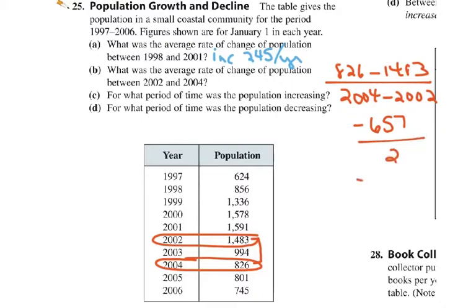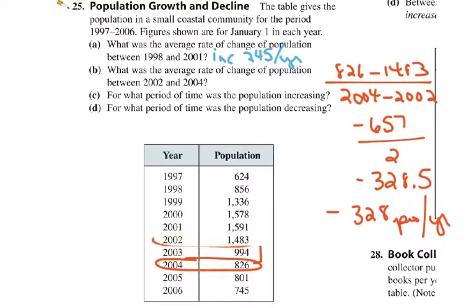And when you divide that, you're going to get negative 328.5. Now, here's where we have to be careful: you can't have 328.5 people. So you've got to round it. So maybe we'll say that the population is decreasing at a rate of about 328 people per year.